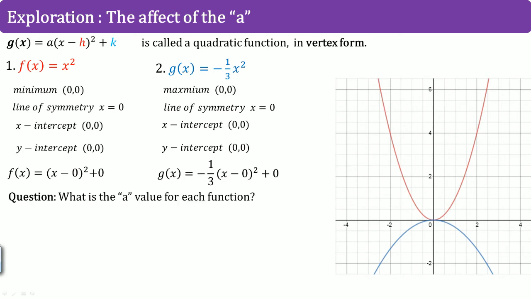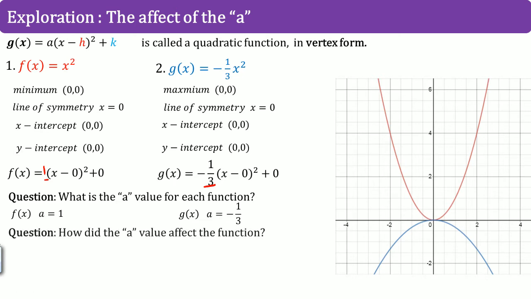So the question here is, what is the value of a for each of the functions? For f of x, a is equal to 1, because that's where it is right here. And the a for g of x is -1/3. So how did that a value affect this function? Well, that negative will flip the parabola.